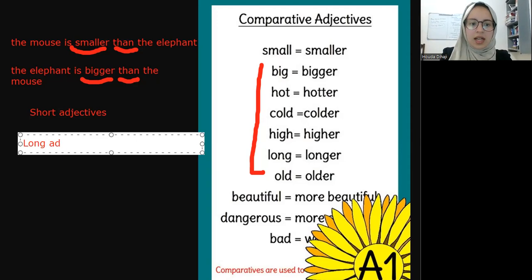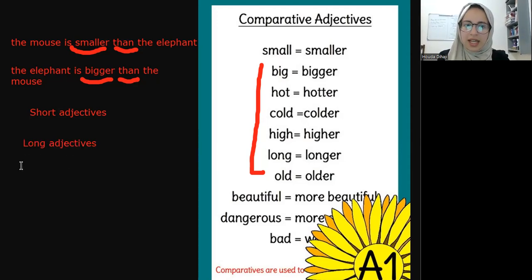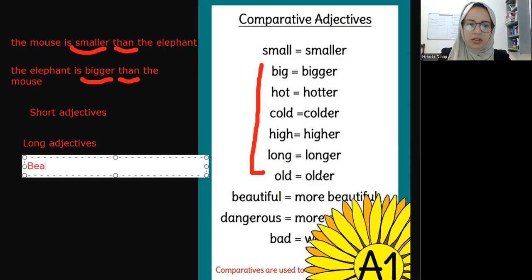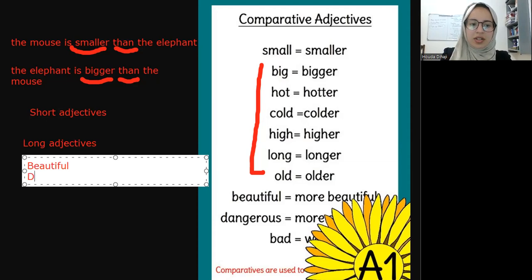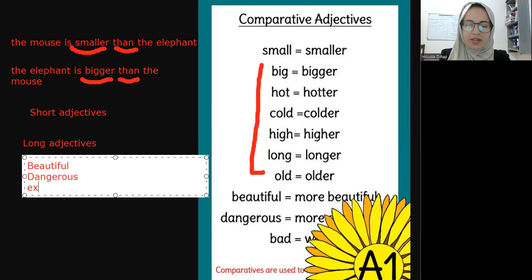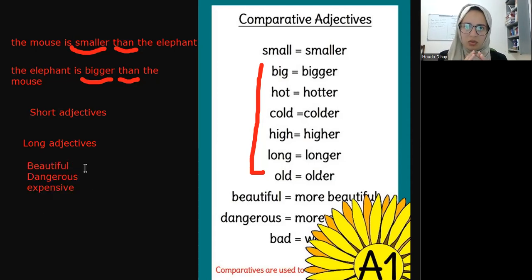Long adjectives, like beautiful, like dangerous, expensive. These are long adjectives, نعوت طويلة.